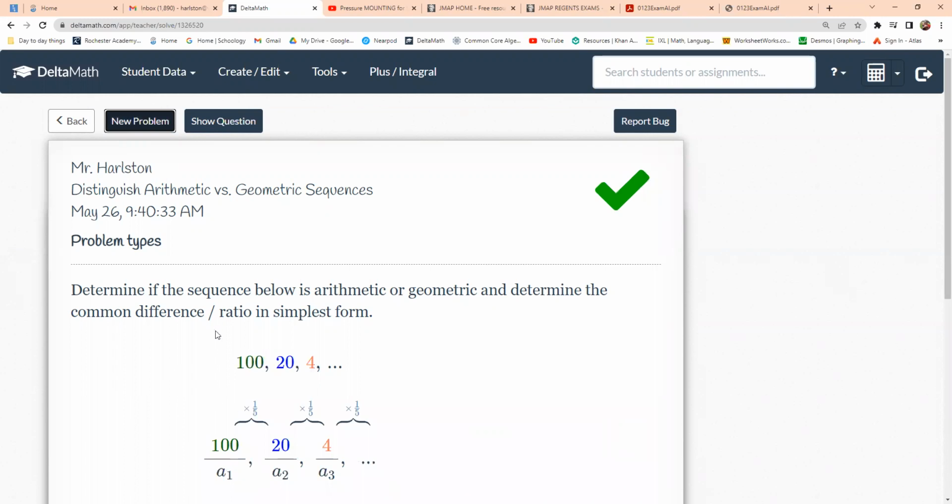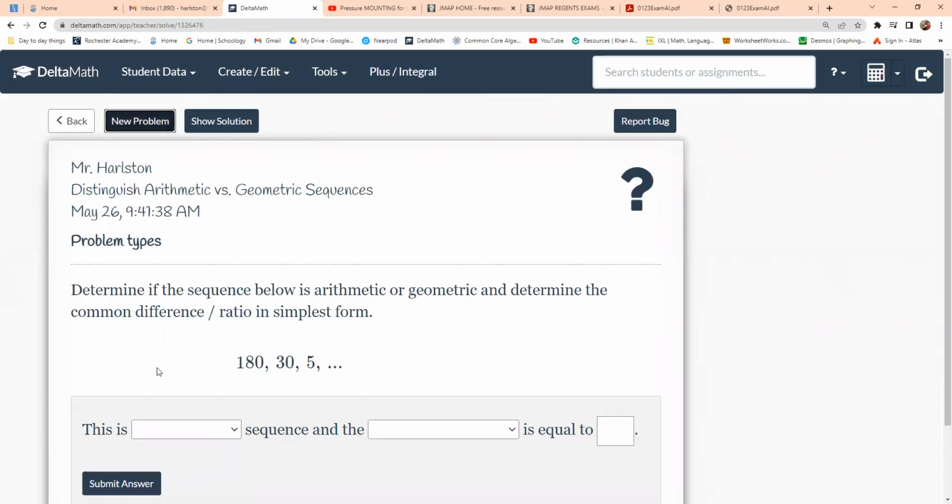All right, so now let's go to the next one. This one also is geometric, because you can see that if we do 30 divided by 180, that's going to be 1/6.